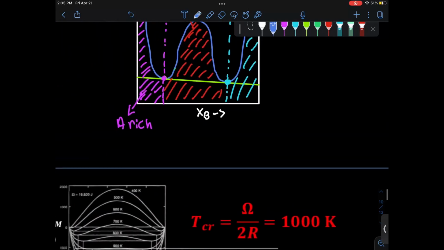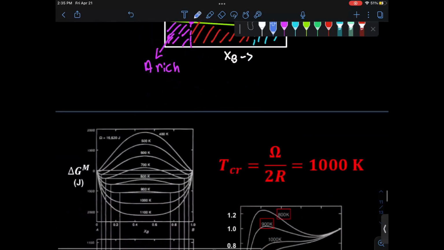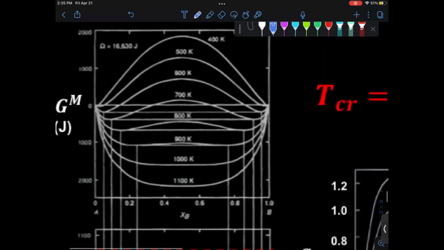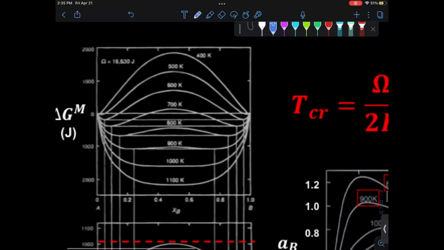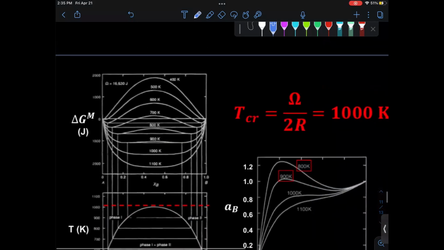Okay, now let's go back up to this chart here, or this one. Like I said before, there's some alpha associated with each of these curves. There's going to be some critical alpha where our inflections start to form.